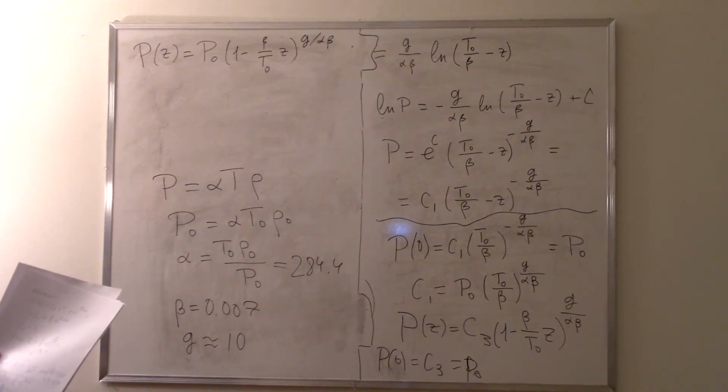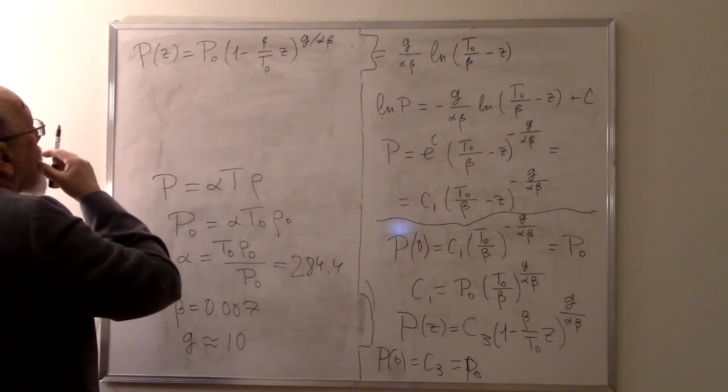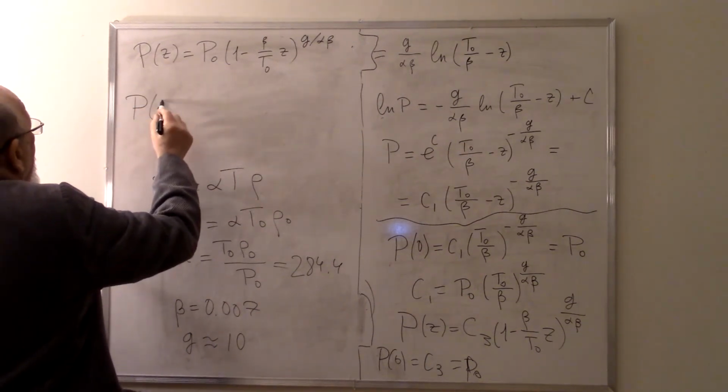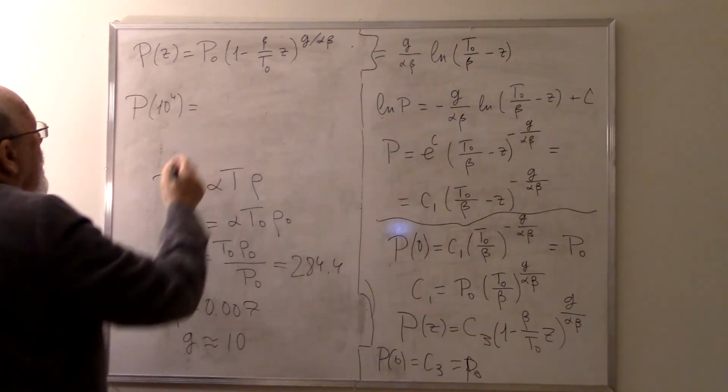And so P of Z, let us find P of 10 to the power 4 equals P0.